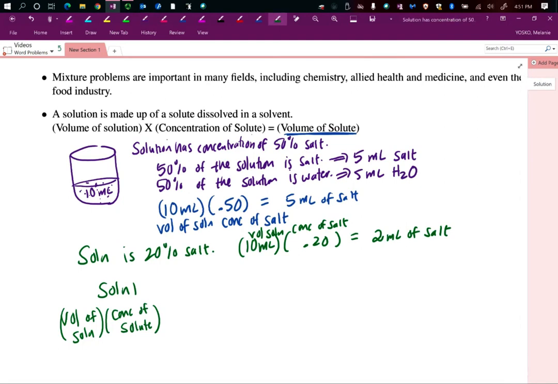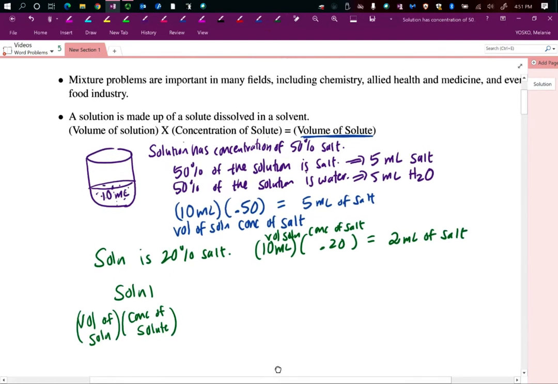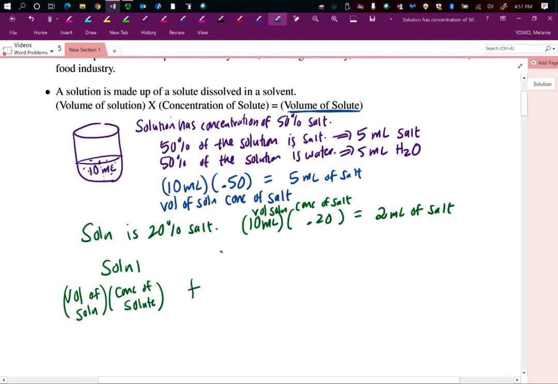For our example, this is milliliters of salt. But maybe I'm mixing that with another solution, solution 2. If I look at the volume of that solution and the concentration of solute in that solution, by the same formula I get the volume of solute here.